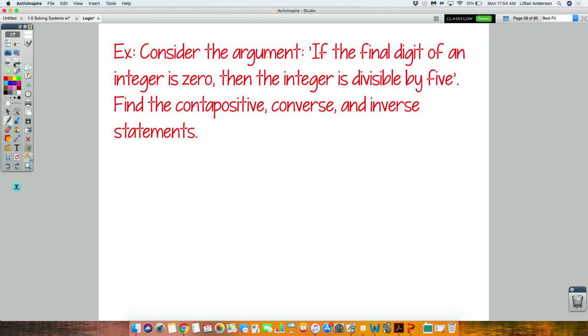Let me call you out on this video. Summer, give me the inverse. If the final digit of an integer is not 0, then the integer is not divisible by 5. Very good. And then the contrapositive.